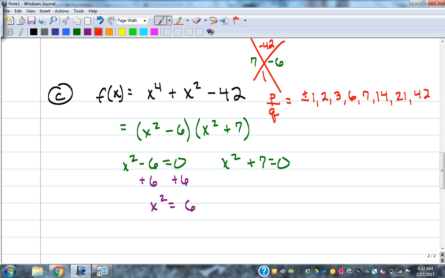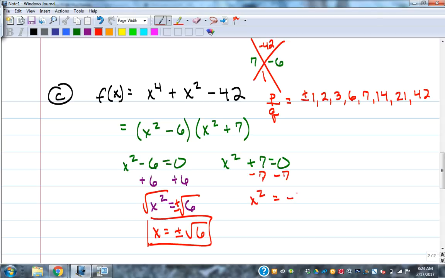And how do you get that? Take the square root. So x equals plus or minus the square root of 6. Solve this one. x squared equals -7. Again, take the square root. What's that one equal to?